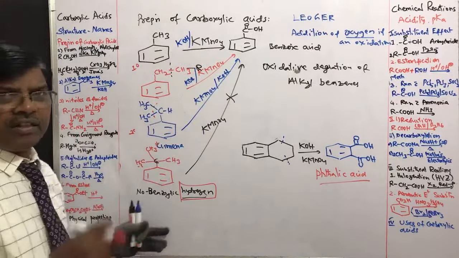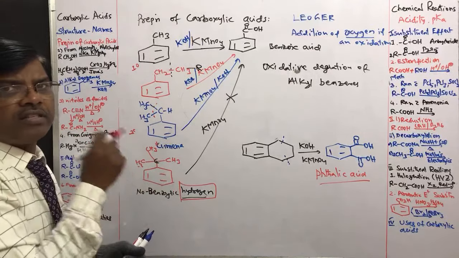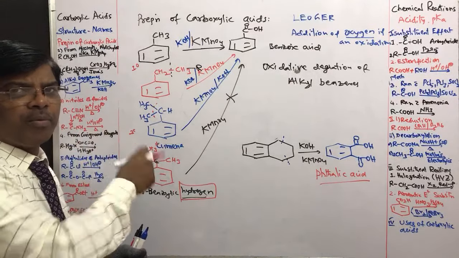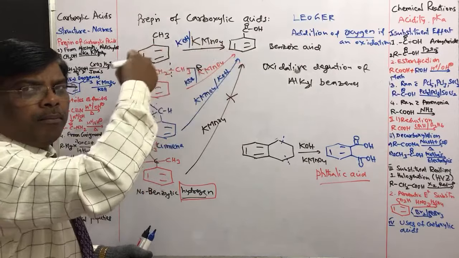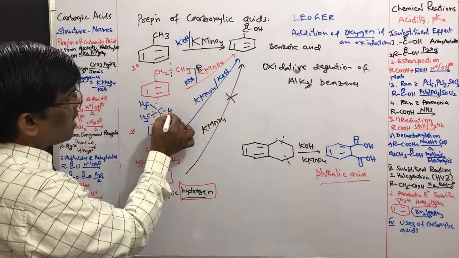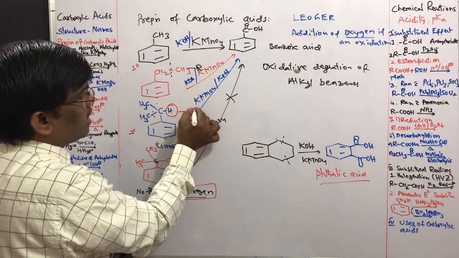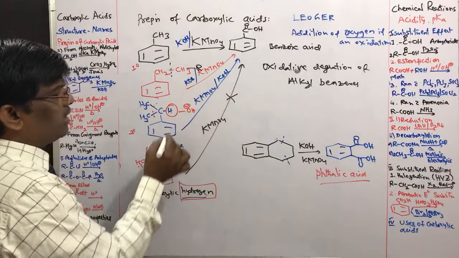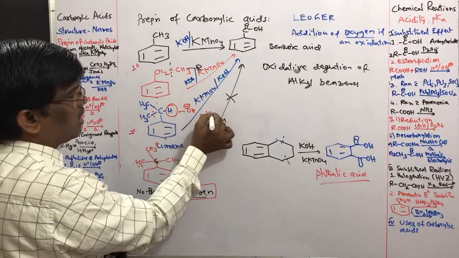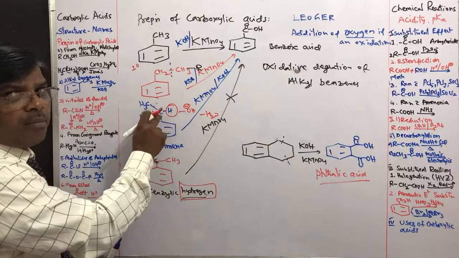Very simple, students. During the previous alcohols examples, the first step is where the hydrogen is going to be picked up by base. So this hydrogen is highly acidic. It will be picked up by OH, that is KOH, to form water and give benzylic carbocation.